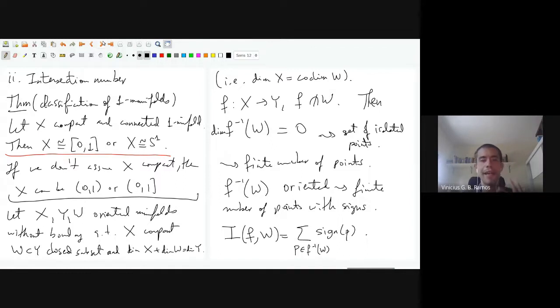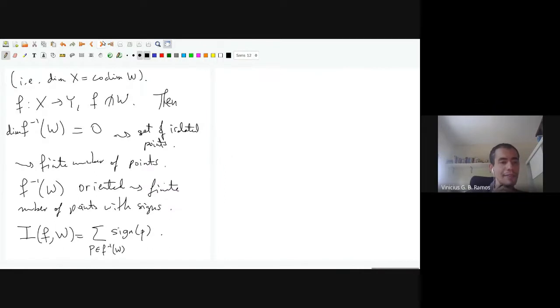So let's see again how we get these signs. How do we orient a submanifold? Remember that we look at the normal bundle of this guy, but because these are points, the normal bundle is everything. So we don't even have to go in that direction.